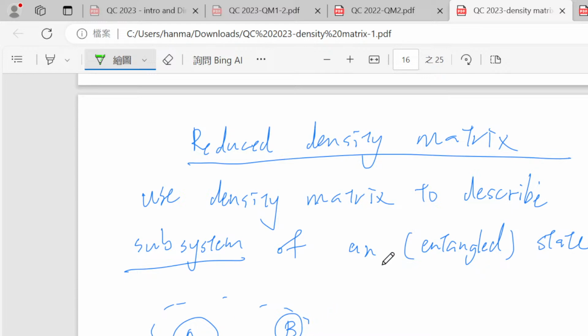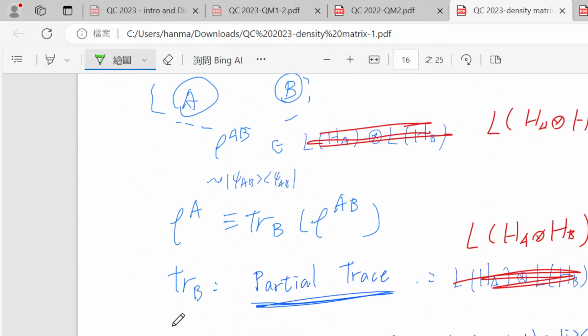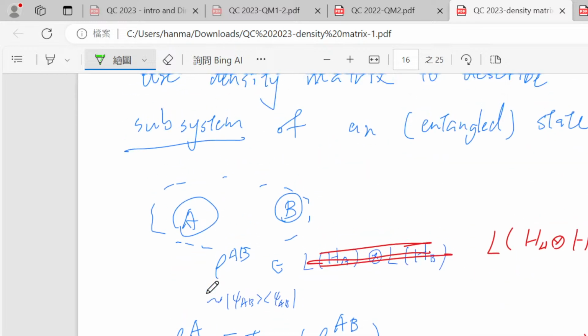This partial trace operation gives you a reduced density matrix on A. We start with a possibly entangled state rho AB, and then we can calculate the density matrix rho A that describes everything we want to do on A. Every measurement we want to do on A can be described by this rho A, and you can do evolution on A that changes this rho A.